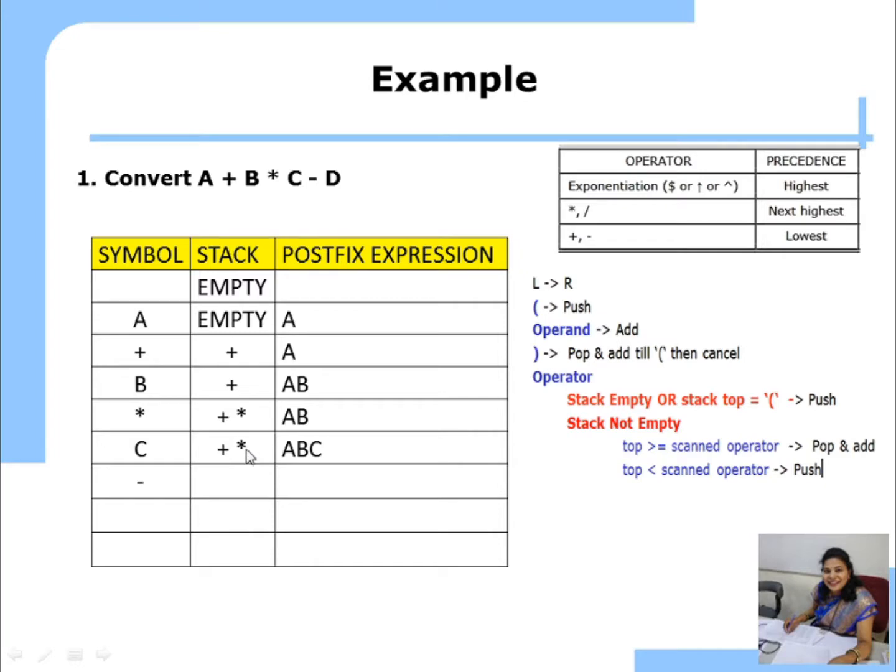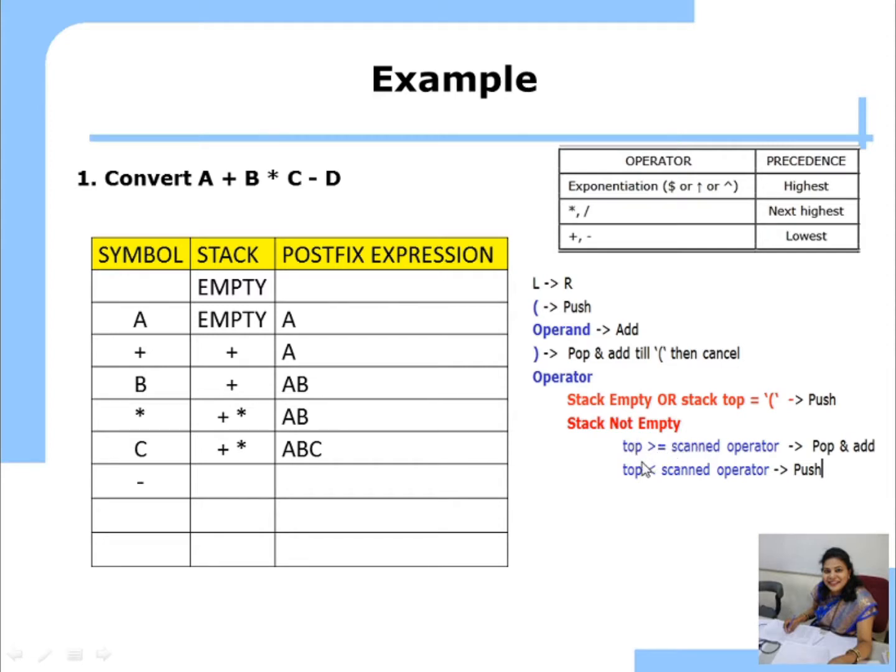You compare the top operator, multiplication, with the minus. If you compare minus and multiplication, minus is lower and multiplication is higher. So your top is greater than the scan operator.